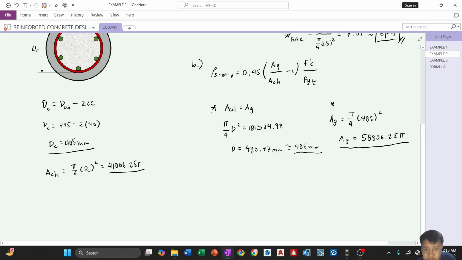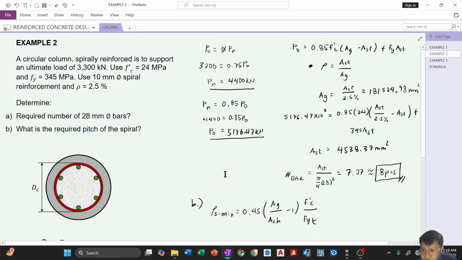Okay, we can now solve for the raw S minimum. Okay? Raw S minimum is now equal to 0.45 times 58,806.25 pi over ACH natin ay 41,006.25 pi less 1 times F prime C natin ay 24 and then FYT.